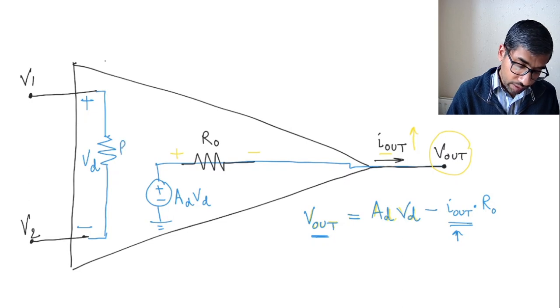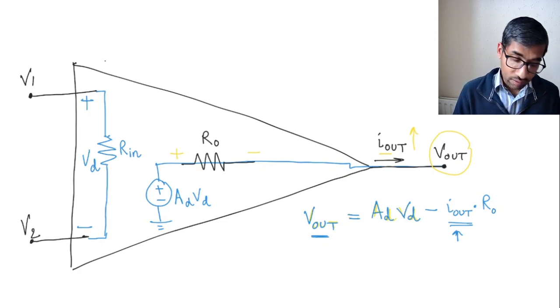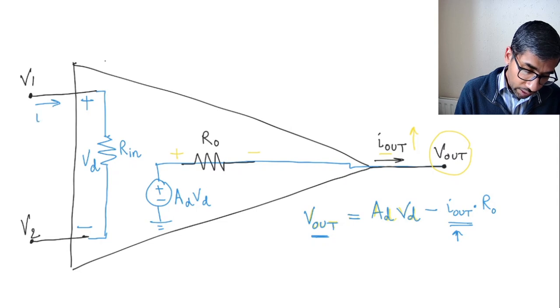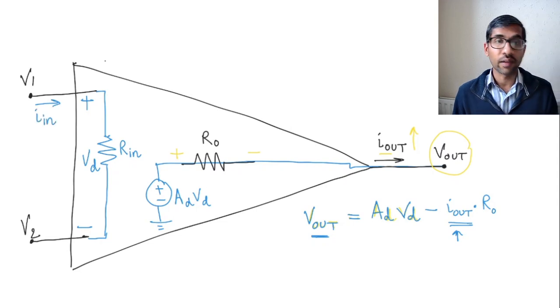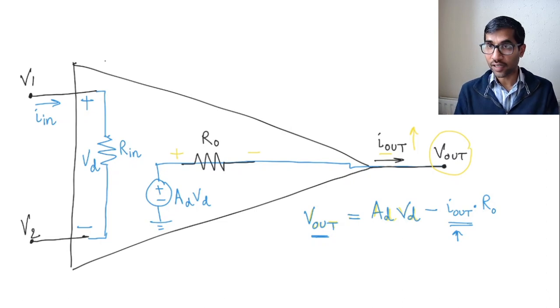If I put, let's say, a resistance Rn in between the non-inverting and the inverting terminal, what is the current going to be which is going inside the op-amp? So this current I in, what happens to that current? That current is no longer zero. It's a finite current, right?